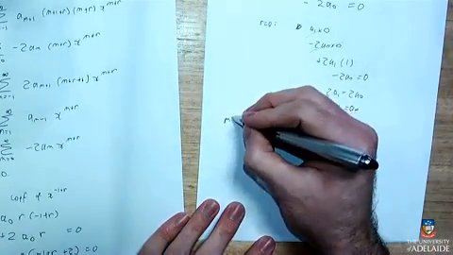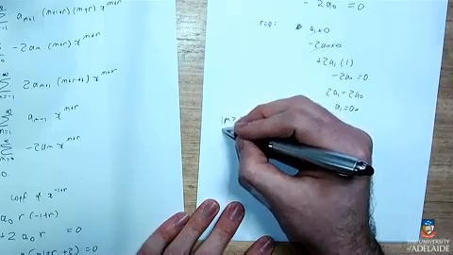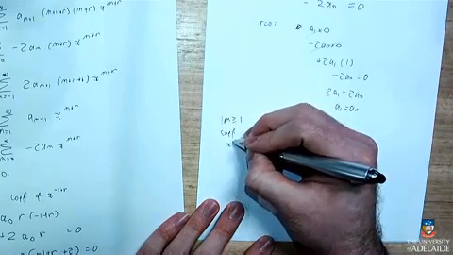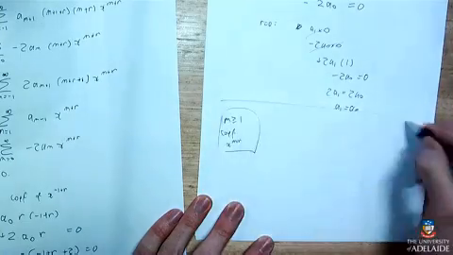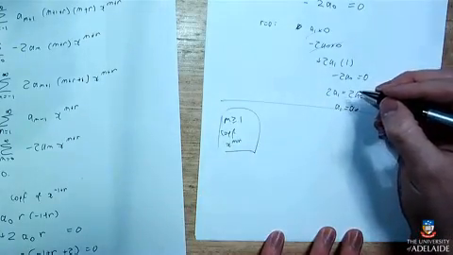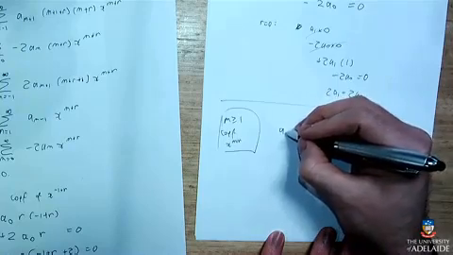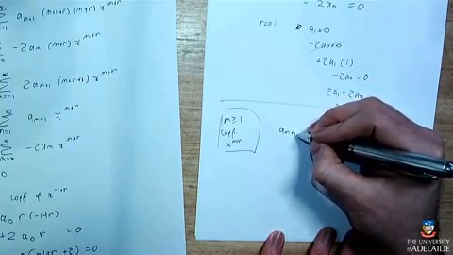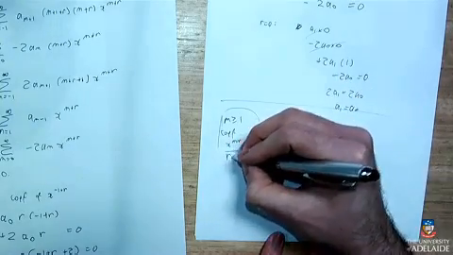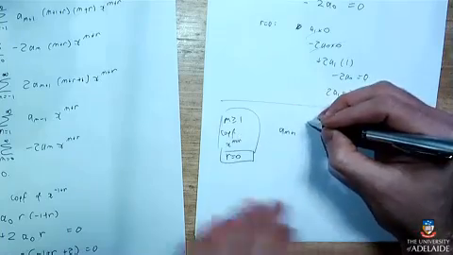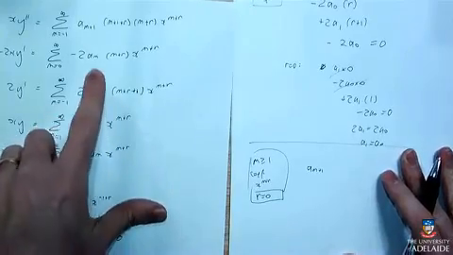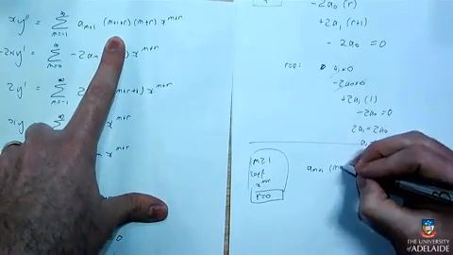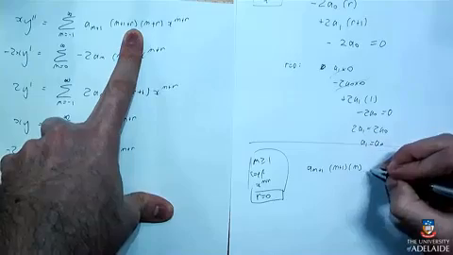So for m greater than or equal to 1, the coefficient of x to the m plus r. Now I just copy this thing down that I've got, but I'm going to sub in the r's as I go, and r equals 0. So when r equals 0, I've got an m plus 1 here and an m.